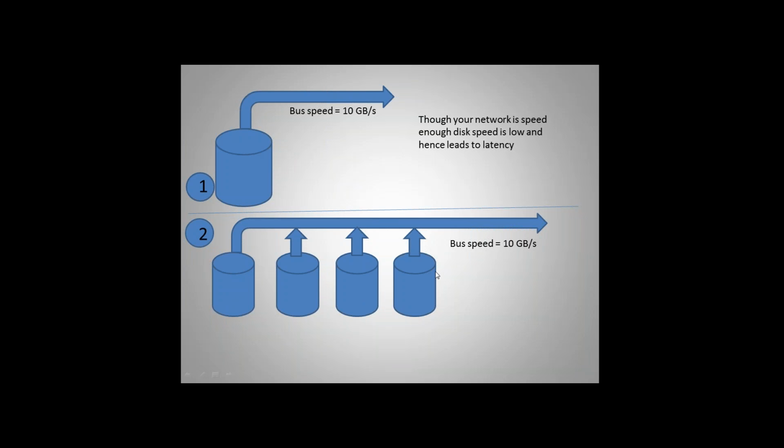The moment you asked me to retrieve the data back, I connected all these 4 disks to a 10 Gbps bus and I started retrieving all the chunks parallelly. In the first case, it consumed 10 seconds to retrieve the entire 100 GB of data. Since I'm retrieving parallelly here, within 2.5 seconds I can retrieve your 100 GB of data.